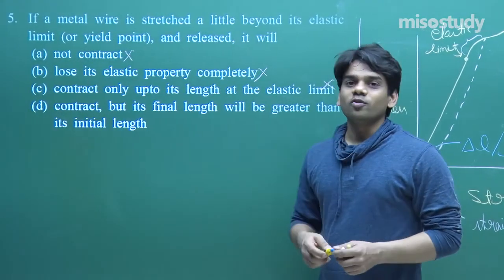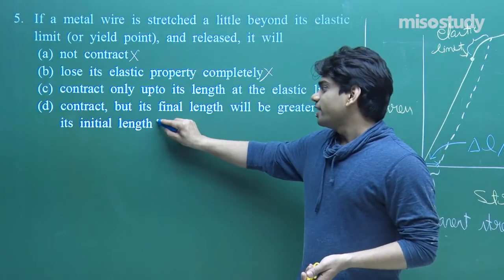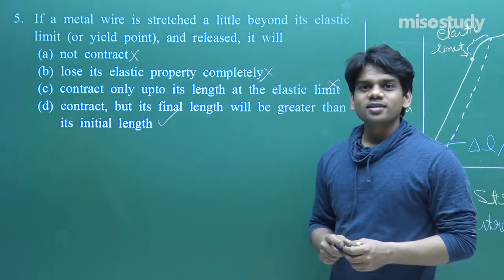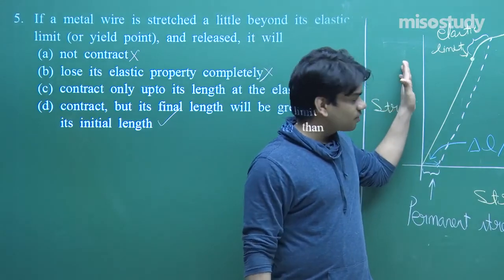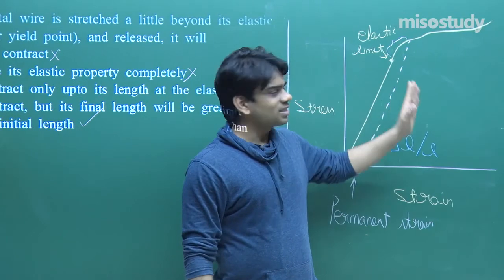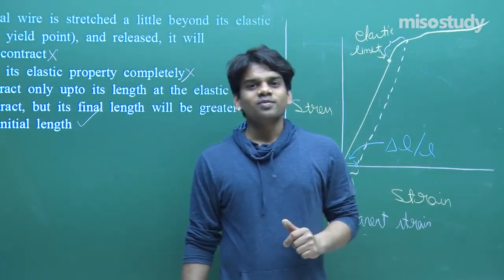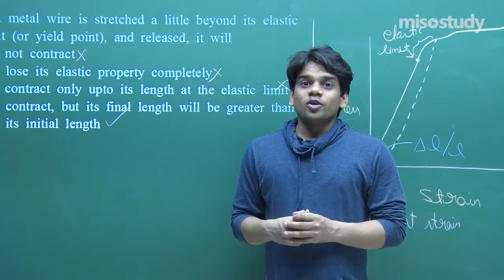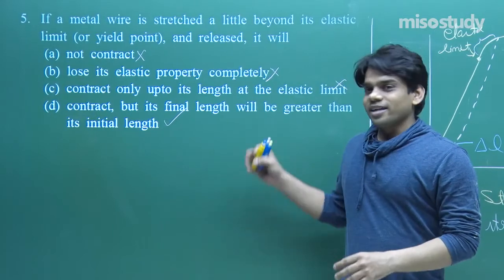That is what we can make out from option D. Clearly option D is the right answer. If you have listened to this class with attention, you would remember this curve that I have drawn: elastic limit, plastic limit, then the breaking point when the wire becomes ductile, all those things we have discussed. If you remember that, you can clearly identify from this curve that option D is the right answer.